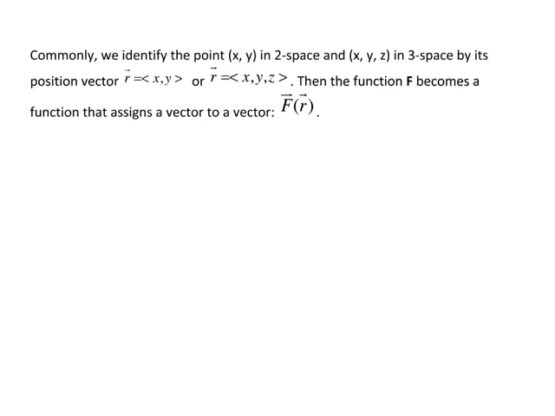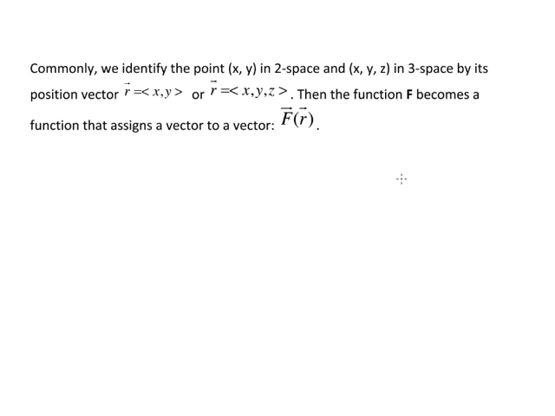Now, commonly we identify the point x, y in 2-space and x, y, z in 3-space by its position vector r, the vector r equals x, y, or x, y, z if we're in 3-space. Then it's very useful to think in terms of the vector function becoming a function of a vector. So F becomes a function that assigns a vector to a vector.